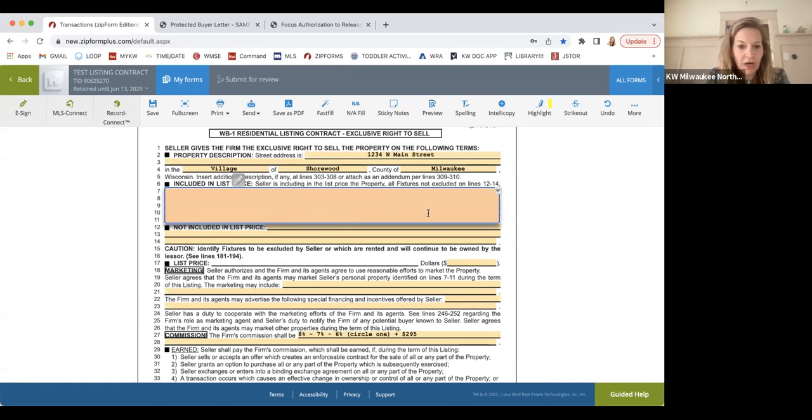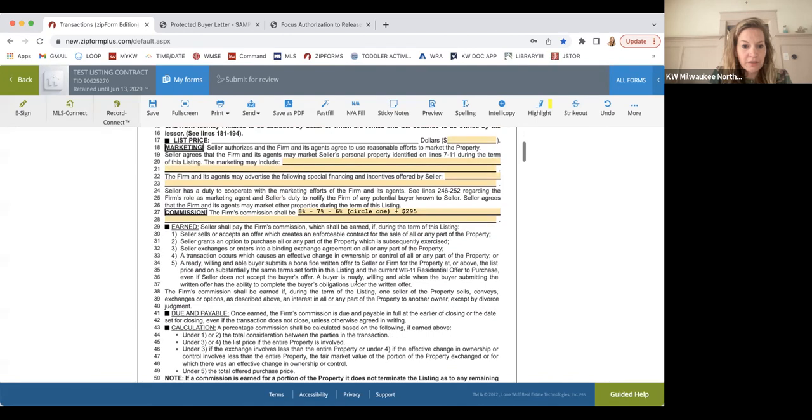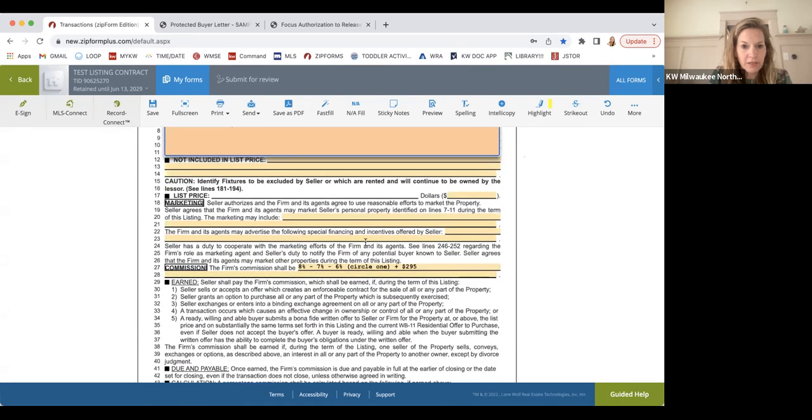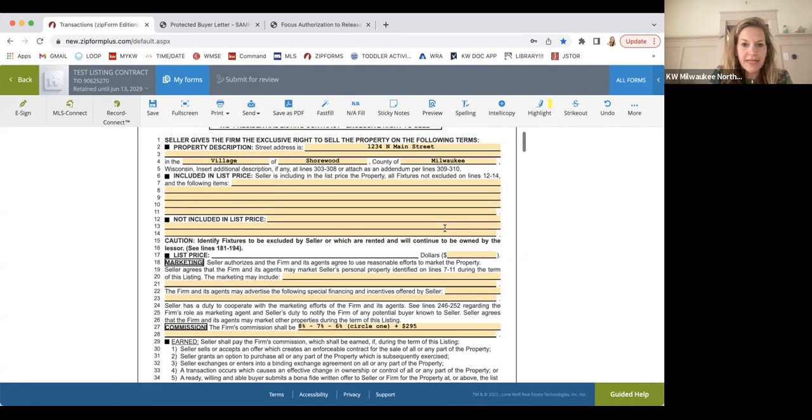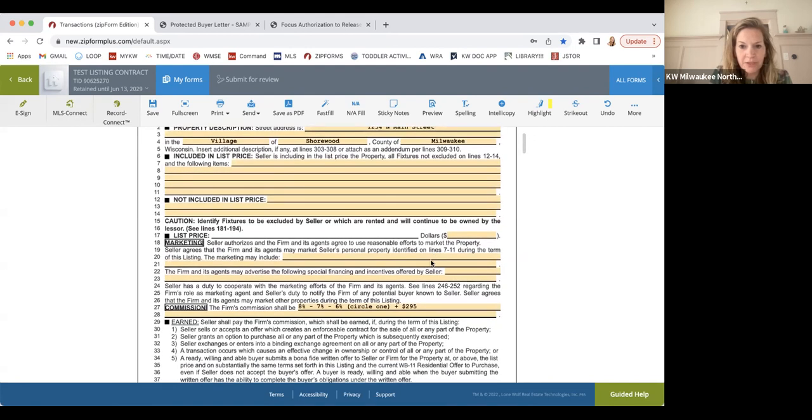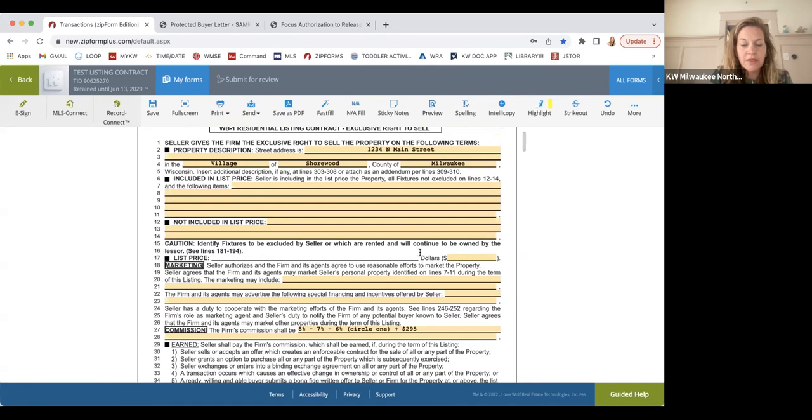All fixtures are included in the home. We'll go on to define what a fixture is. Actually, I'm thinking of the offer to purchase where it defines fixture. But a fixture, again, is anything attached to the wall, which you should have learned in your pre-licensing course, of course.